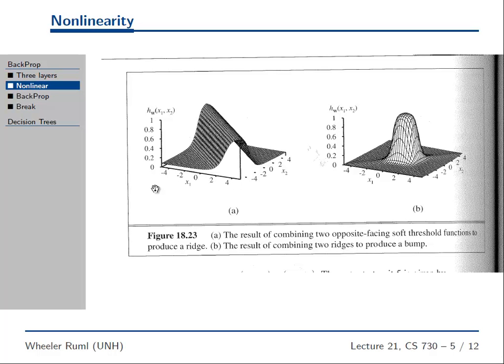And I can combine these to represent anything, any function. So you can see how the nonlinearity in the hidden layer is really important in increasing the expressive power of this predictor. So then the magic question is, given I have some training data, how do I learn the right weights to get the right kind of thing to come out?